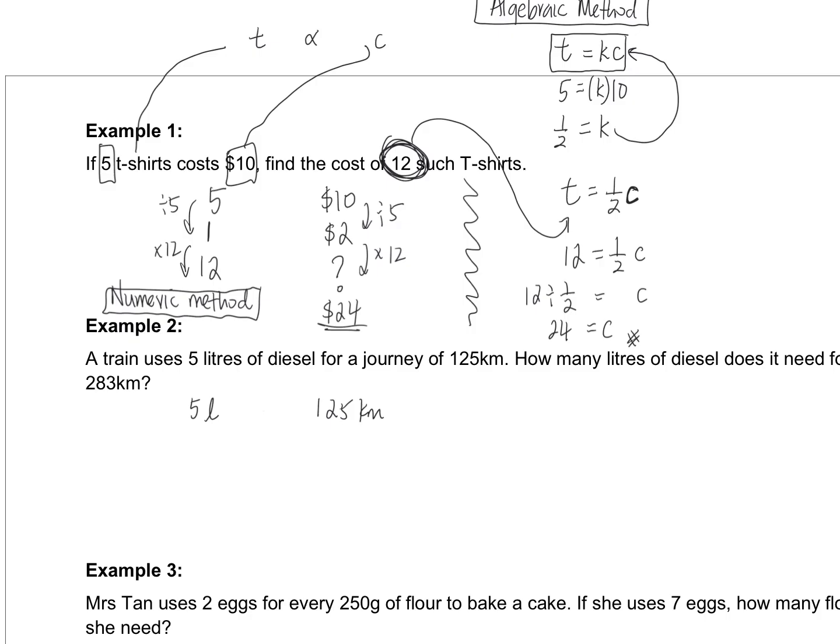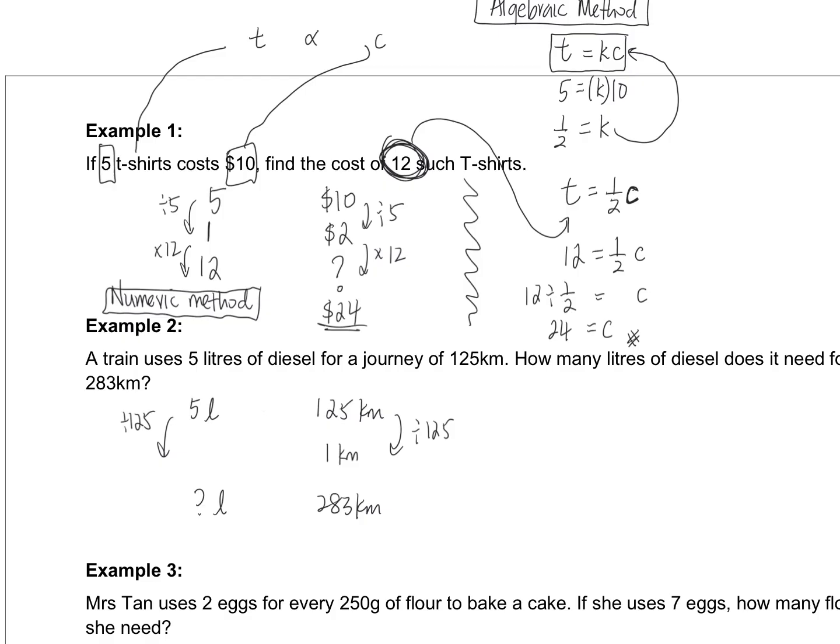So 25 kilometers. How much does it need if I'm, no. I should find 1 kilometer, right? My bad. Because my ultimate goal is to find this. How many liters? So I should find 1 kilometer first. So divide by 125.